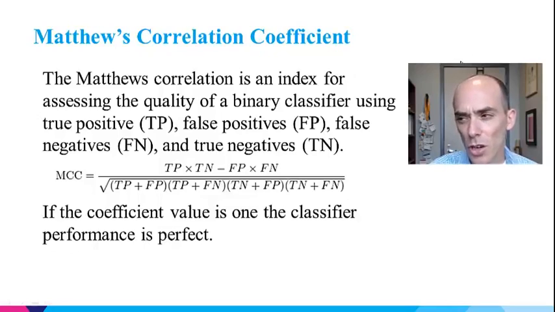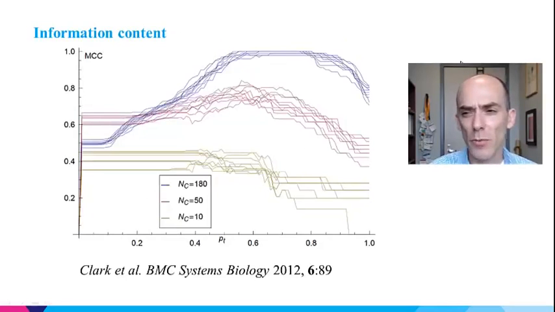This is a measure that is typically applied in the machine learning field, and it computes a balance between true positives, false positives, true negatives, and false negatives. We can think of each link in the network as a case and count the number of times correct and incorrect links were inferred.